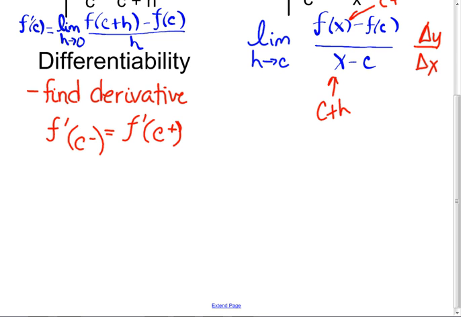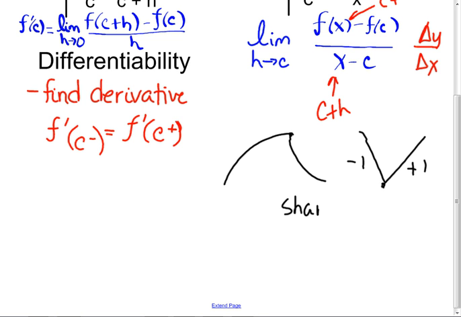So the problem with this one is the slope is positive here, and now it's negative. And so the slope at this point, what are you going to tell me the slope is? You can't. What about the absolute value function? The slope on the right side is what? Positive 1, and this is negative 1. So these points where I have these sharp corners or cusps are not differentiable.